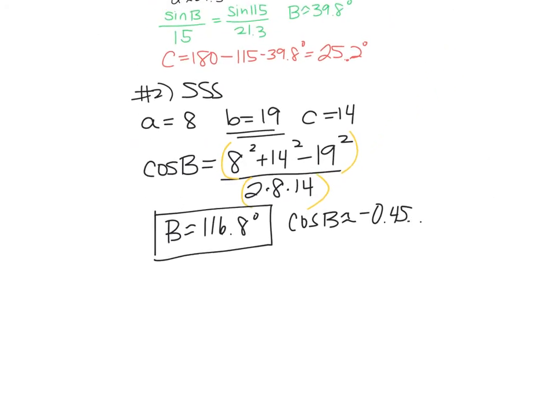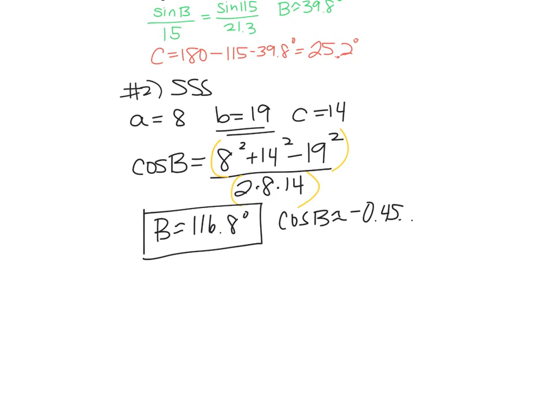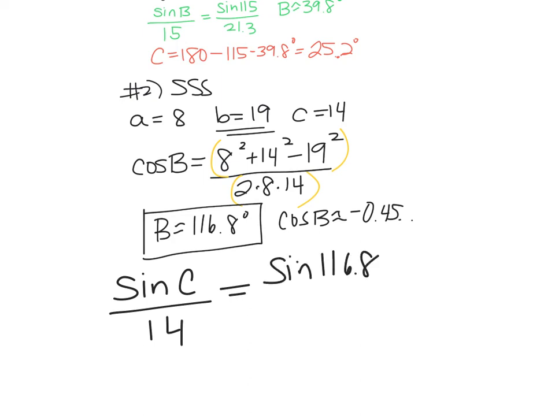So I have angle B now, which means that I have a ratio. So I can use law of sines to solve for, I think I'll just solve for angle C now. So the sine of C over 14 is equal to the sine of 116.8 over 19. Okay, so use law of sines now.